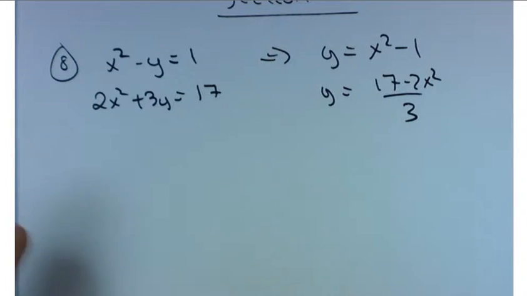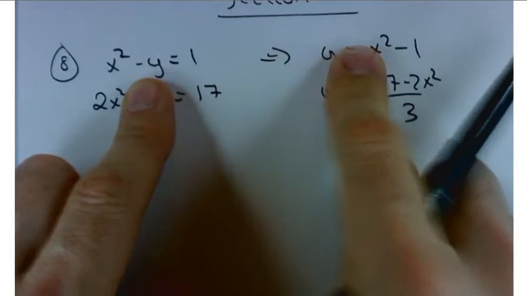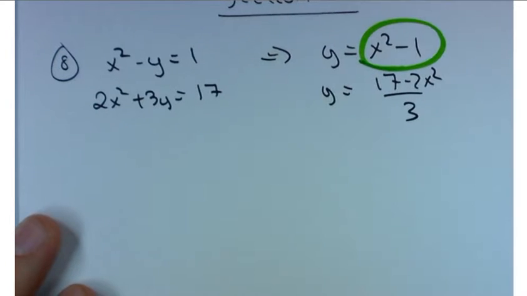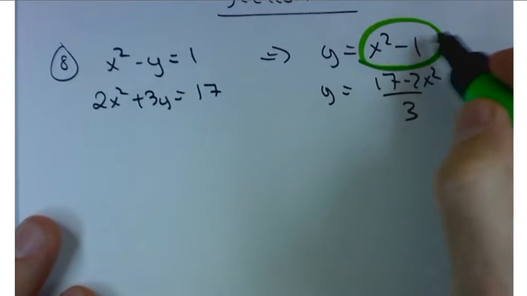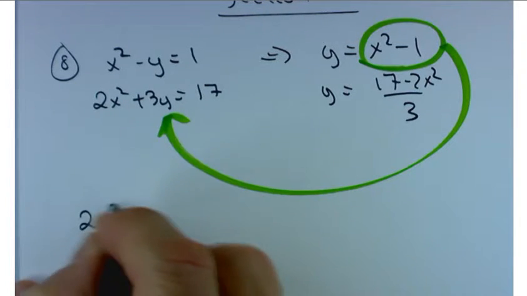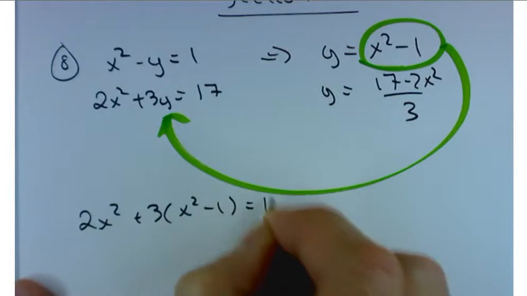In this case, because I've got a minus y here, it's pretty easy to isolate y. y is x squared minus 1. Let's plug that in here and see what good that does us. Well, that's going to be 2x squared plus 3 times x squared minus 1 equals 17.